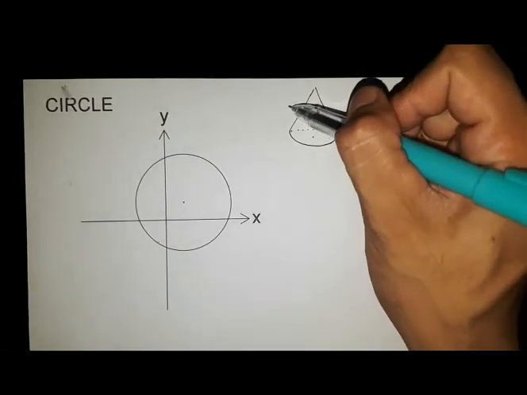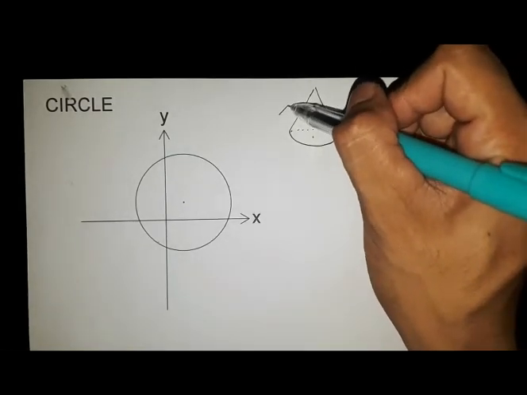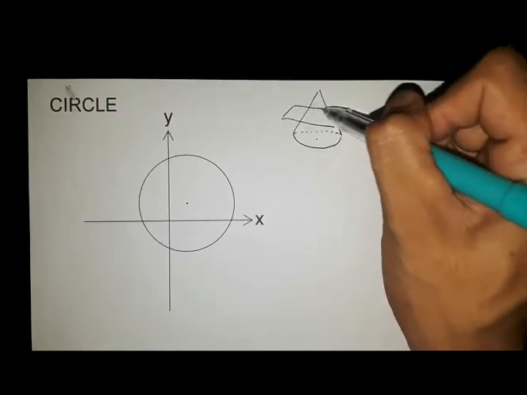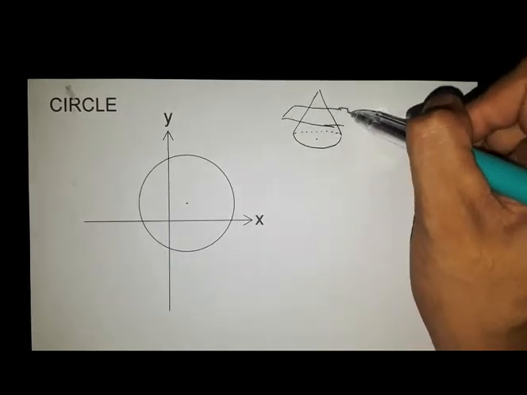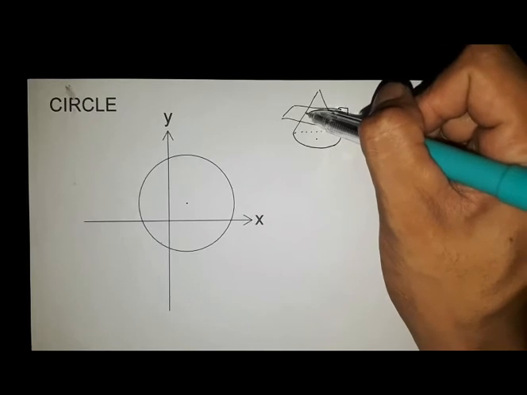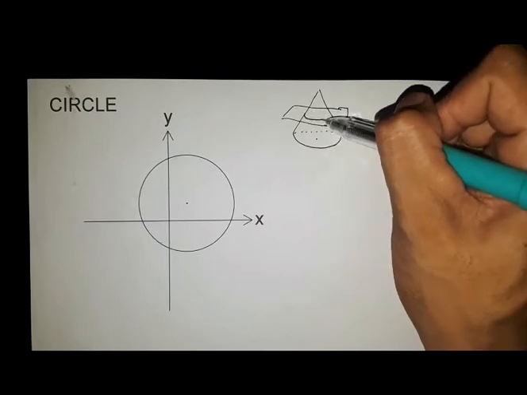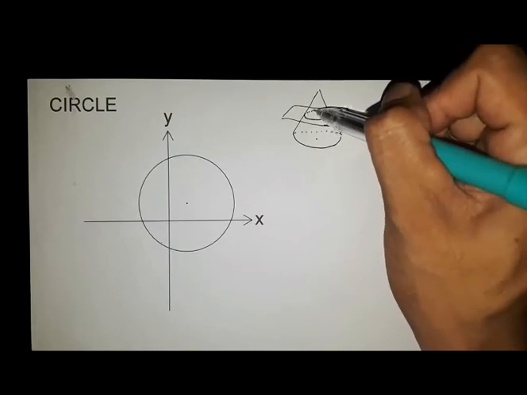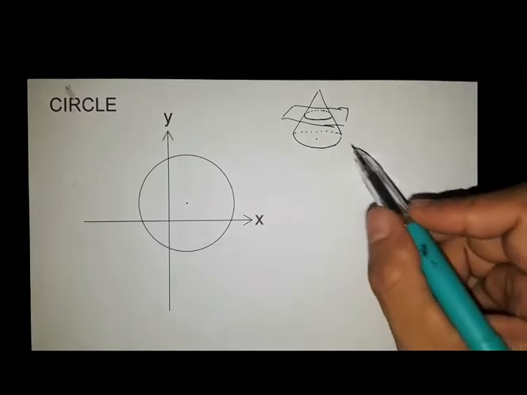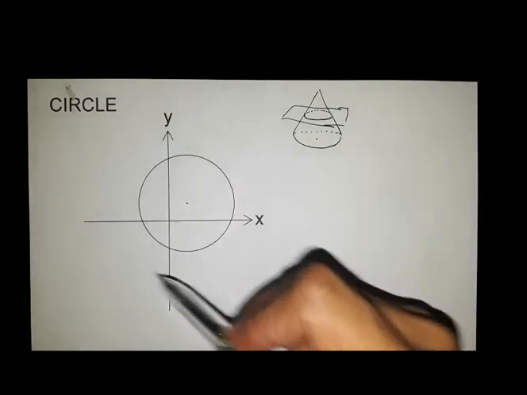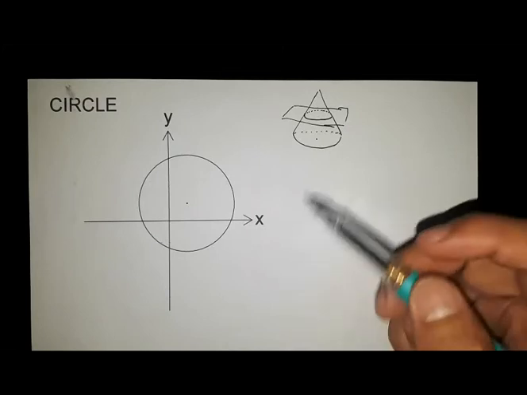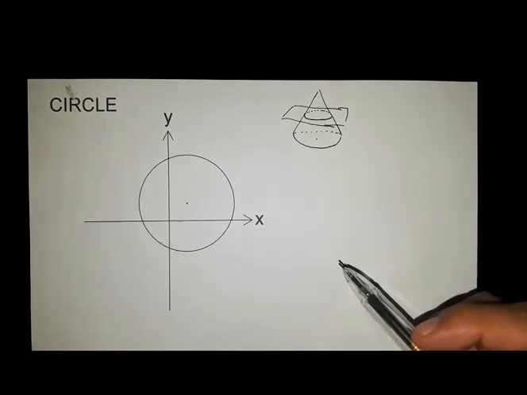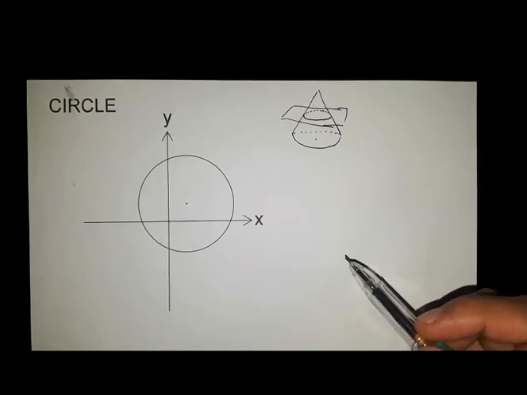So if we cut a plane here, parallel to the base, the section created is a circle, and that is the first type of conic section that we are going to discuss.